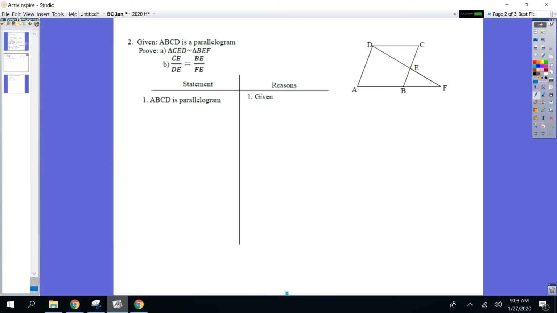Parallelogram to get another pair. Find another pair. All right, everyone's getting the vertical angles, which is great. But where's the pair from the parallelogram now? Think about your properties.